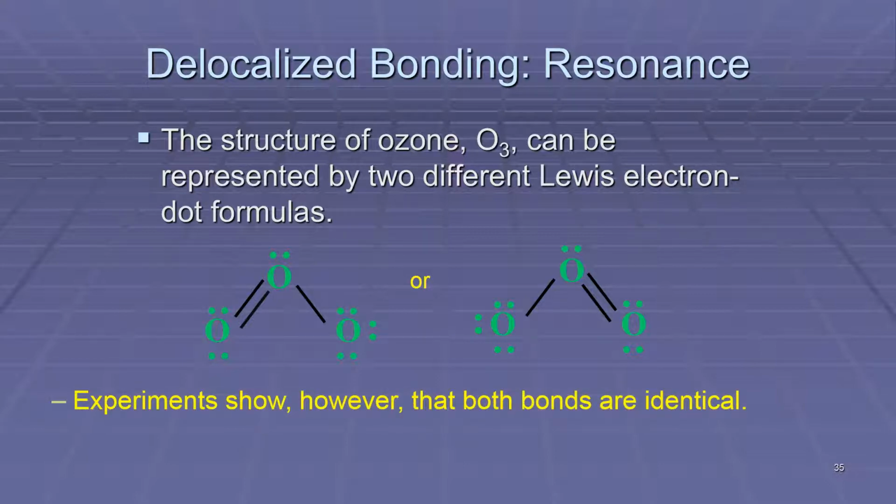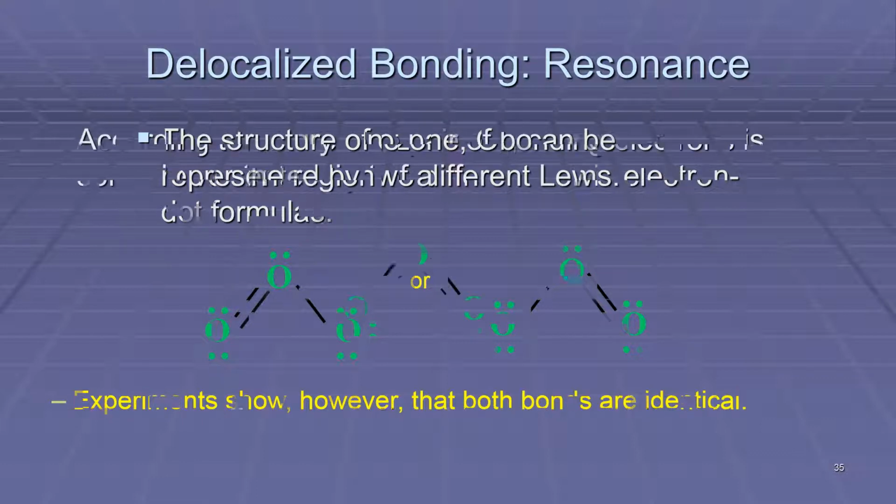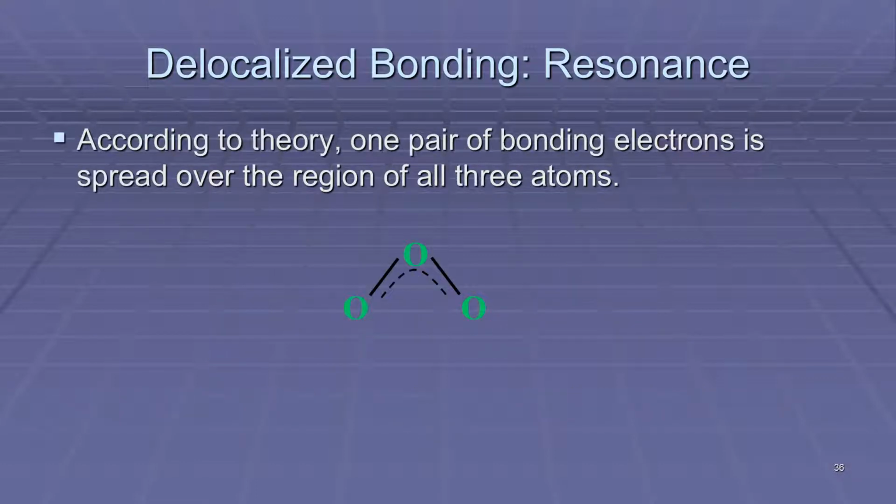If your experiments show that both of these bonds are identical to each other, then the way I have it drawn here, it looks like there's one double bond and one single bond, but if you were to measure them, they're actually each the same kind of bond. So this is actually a better picture of what we're trying to see.